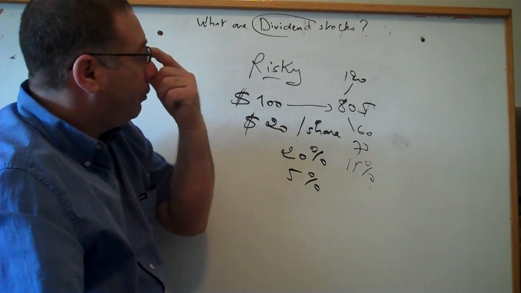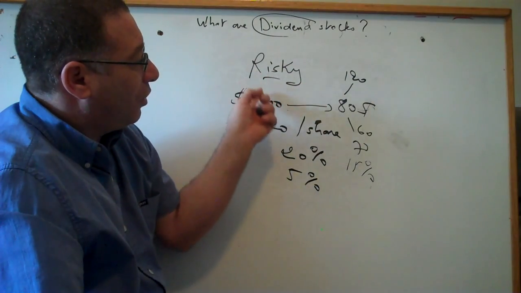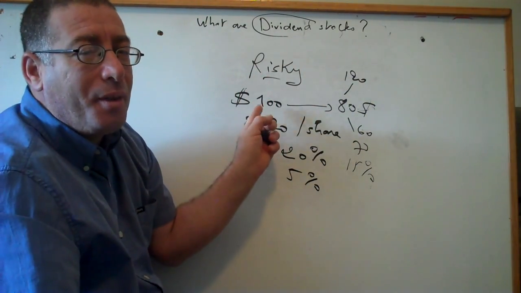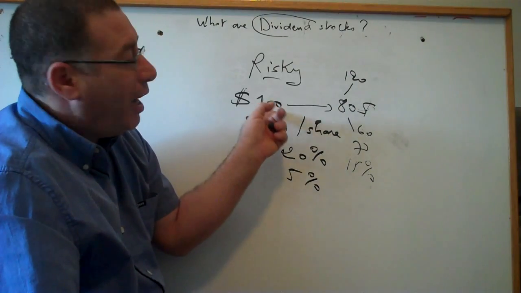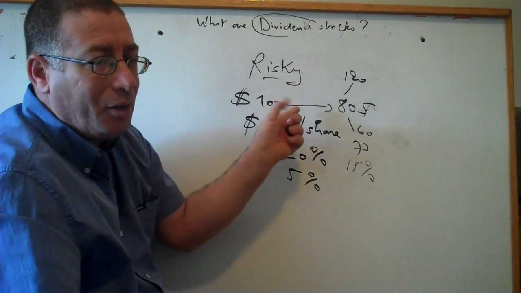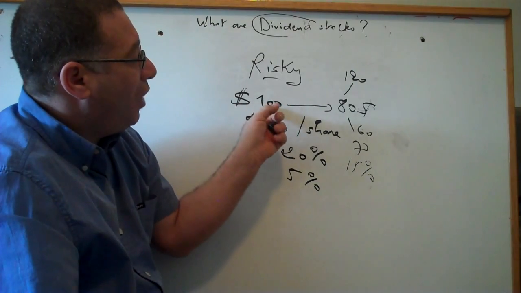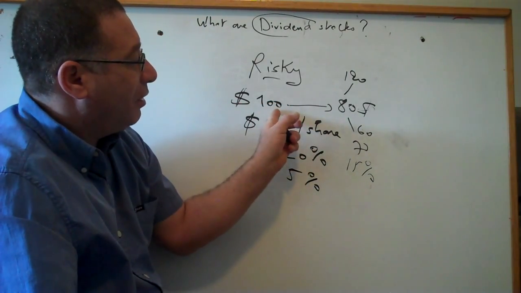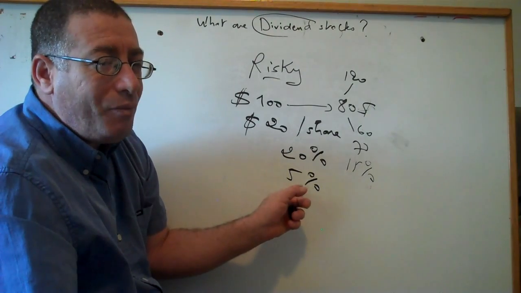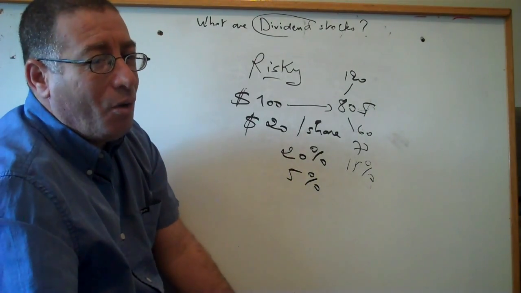So try always to look at the price and to see if you lose your capital. Okay? Try to see your money. If you are losing your money and you get 5% dividend, it doesn't work.